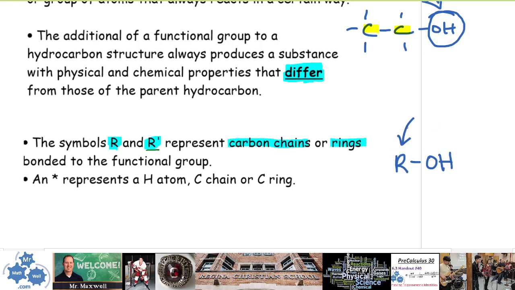So carbon chains or rings. It's just a side note: an asterisk here represents a hydrogen atom, carbon chain, or carbon ring. So if you have some kind of asterisk, it could represent any one of these three. But R is specific to carbon.